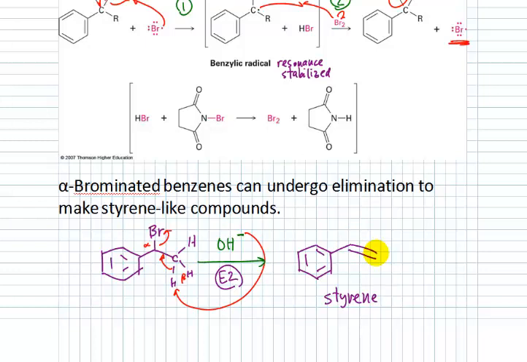So remember, E2 reaction happens in a single step where the hydrogen is attacked, simultaneously the double bond is formed, as well as the bromine, or the leaving group, being kicked off. So if we ever need to synthesize something with a double bond right outside of the ring in conjugation with the rest of the benzene double bonds, we can do it by elimination of an alpha brominated benzene.